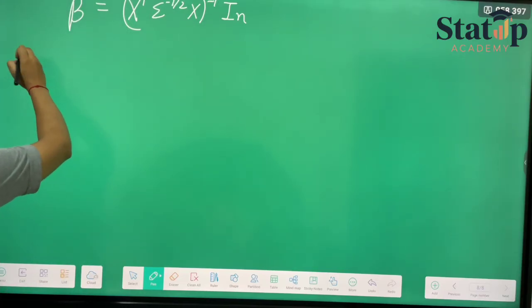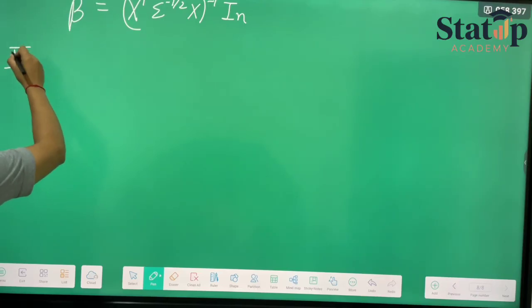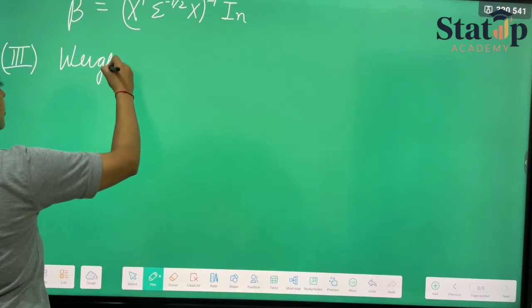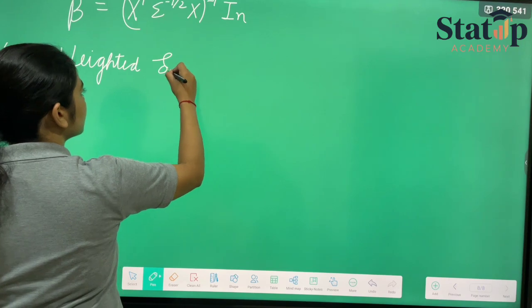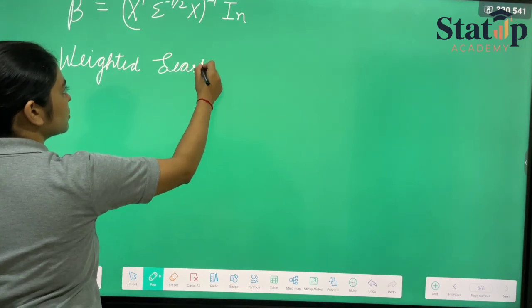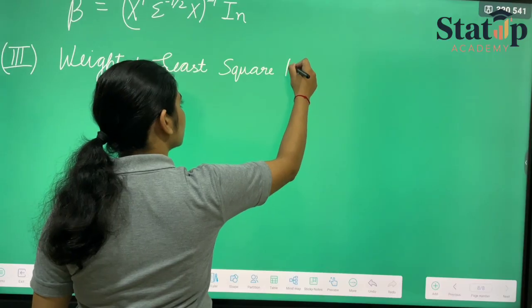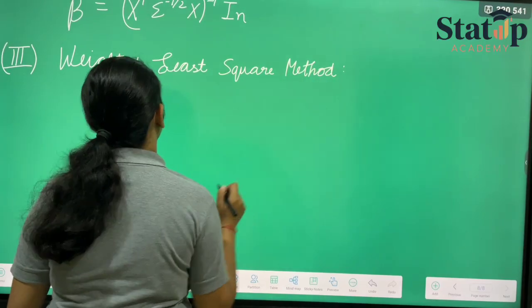Now we will find the third remedy. The third remedy is weighted least square method. This is used for simple linear regression model.